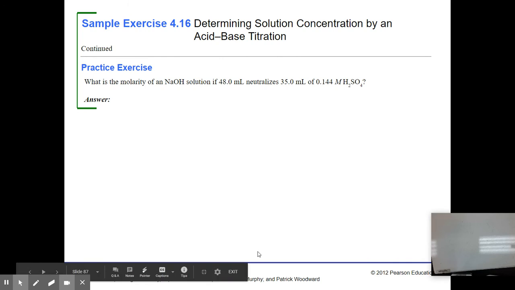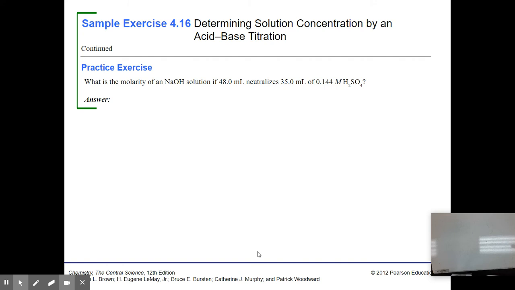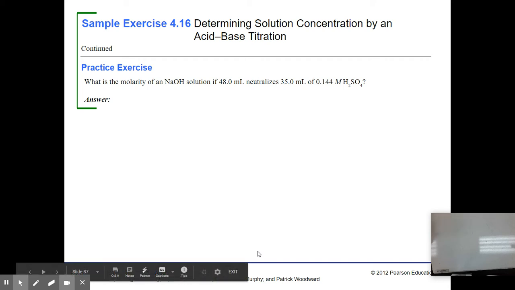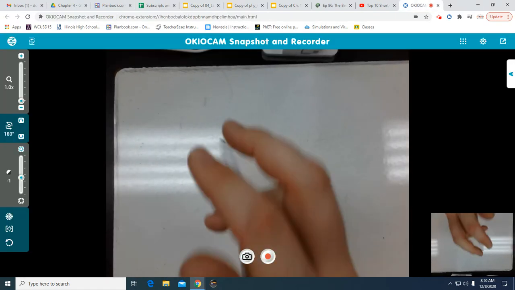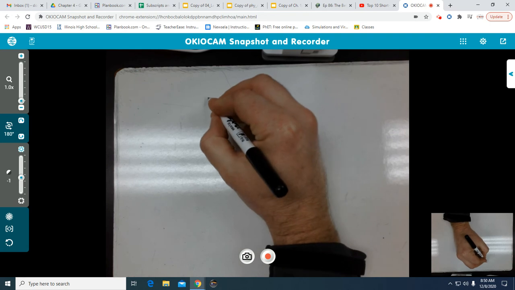Last question, folks. What is the molarity of a sodium hydroxide solution if 48.0 milliliters neutralizes 35.0 milliliters of 0.144 molar sulfuric acid? Again, I'm starting off with a balanced chemical equation.